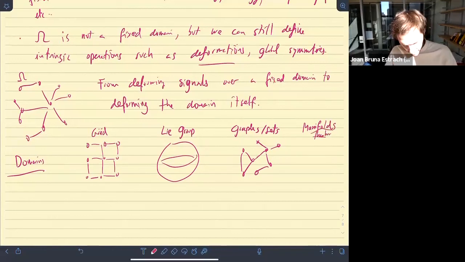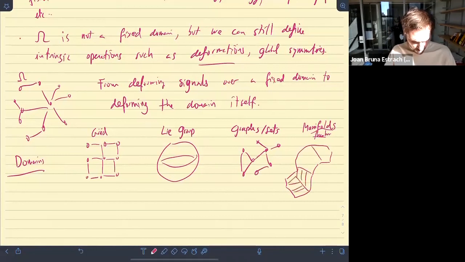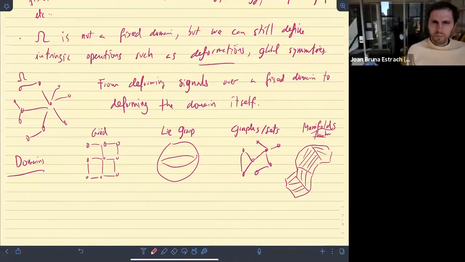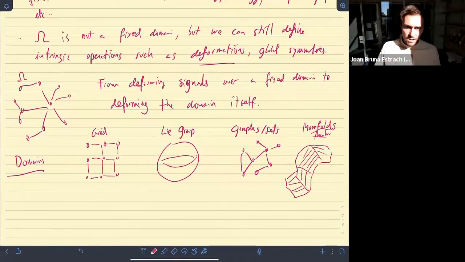Think about an example where you have some structure in 3D, like some industrial application where you want to model the design of a car. The way it's represented is with a surface, with a manifold.